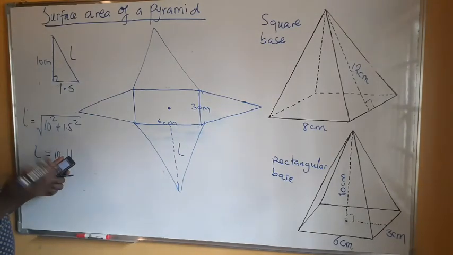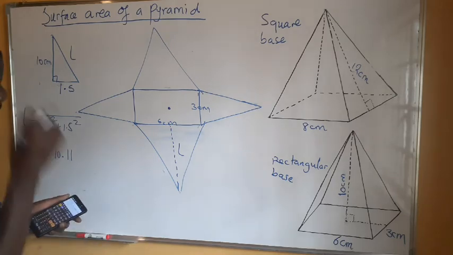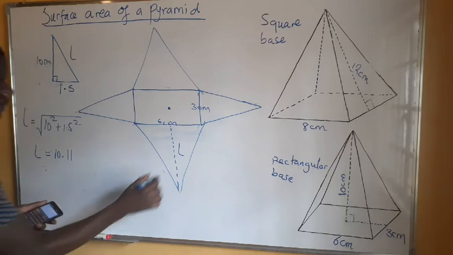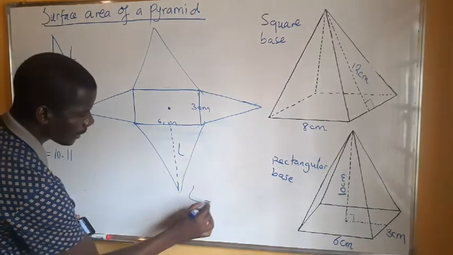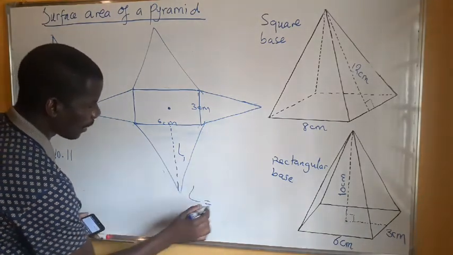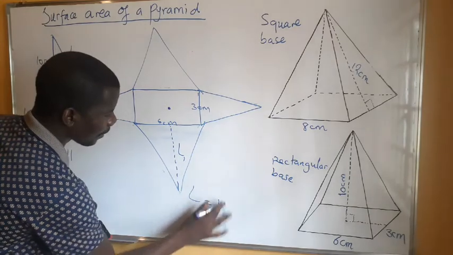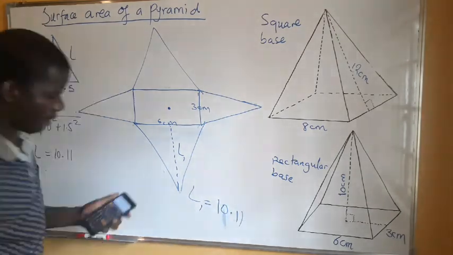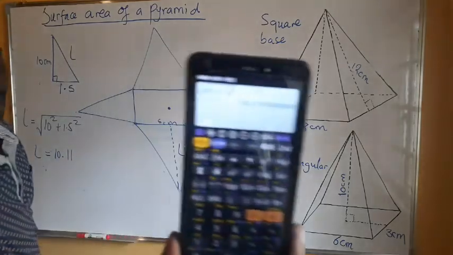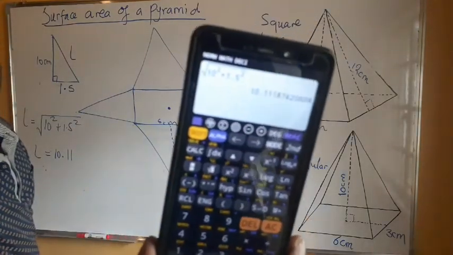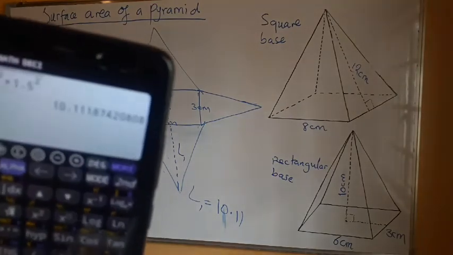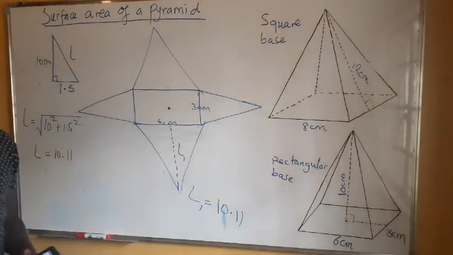I've rounded it off to 2 decimal places. Are we together? Then, after that, we can say L1 is equal to what? We call this L1. L1 is equal to 10.11. I've rounded it off. I don't know if you are able to see it. That's what I'm getting.